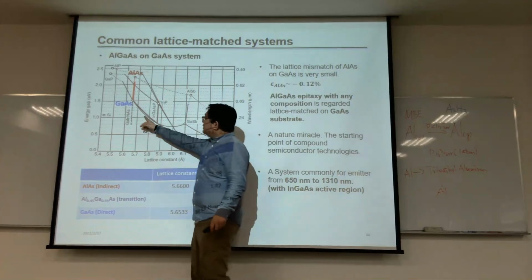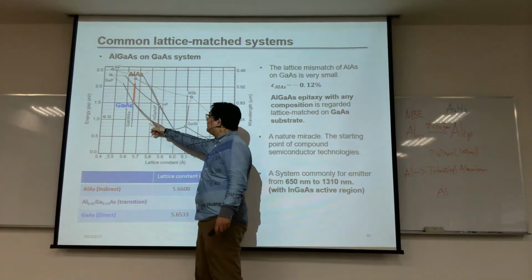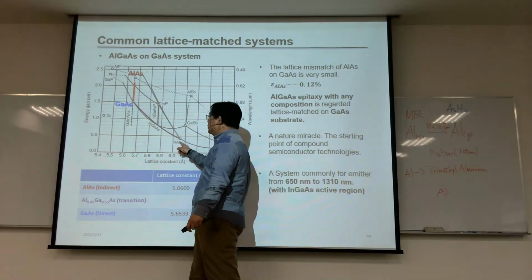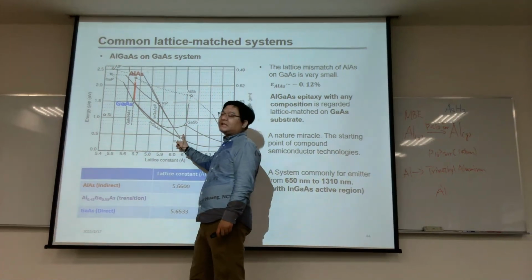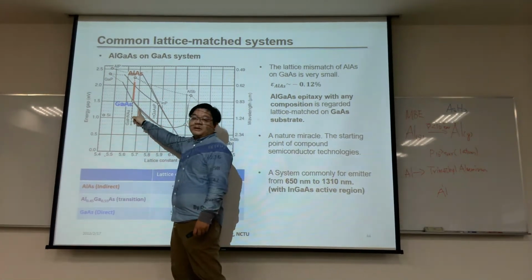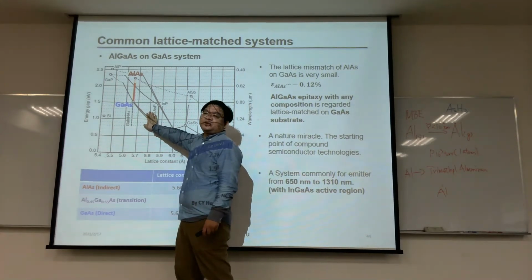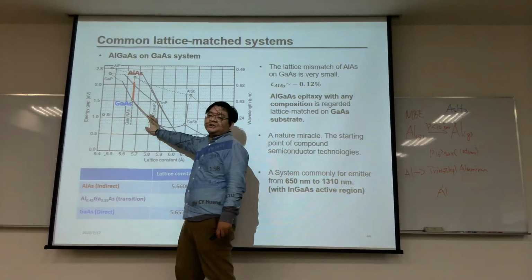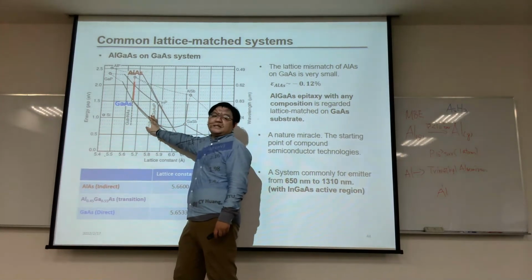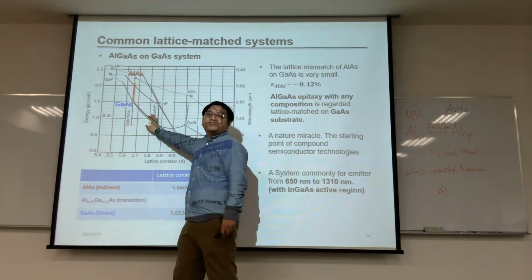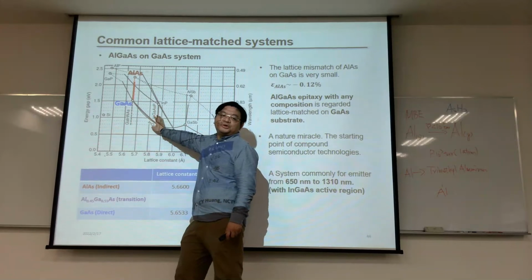However, if you want a shorter wavelength, you need to increase the indium composition. While you're adding more indium, the compressive strain becomes larger and larger. You can't even grow a 3 nanometer film. Then you need to change your material system.